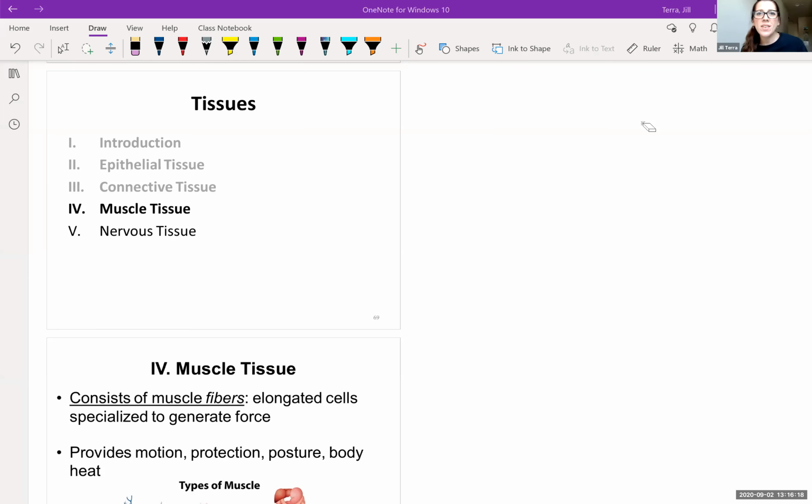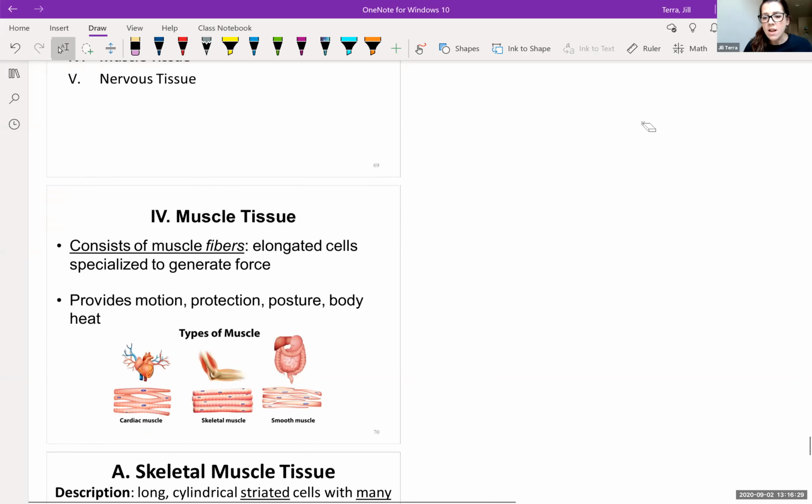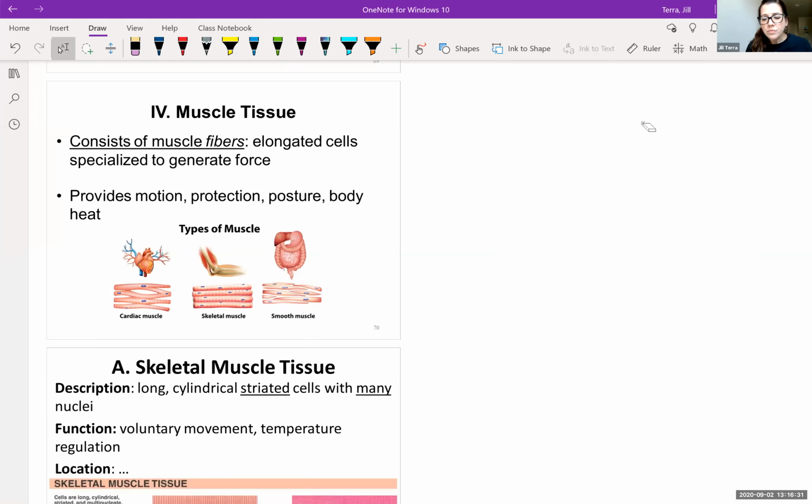Hey, hey, hey. Okay, let's talk about the last two major types of tissue of the human body, muscle tissue and nervous tissue. So first up, muscle tissue. We say that muscle tissue is composed of muscle fibers.